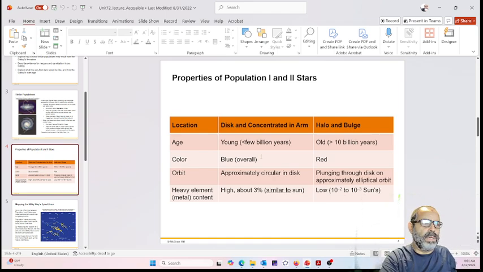And in terms of color, they're blue, which means energetic. They're usually bigger in size, whereas these are red and old. The orbits of these are more circular, regular paths. These are all over, plunging through the disk, with approximately elliptical orbits.